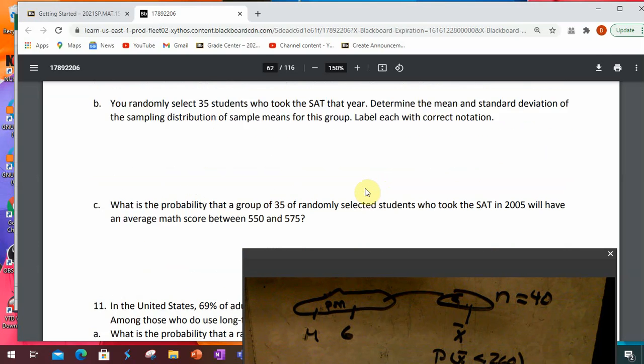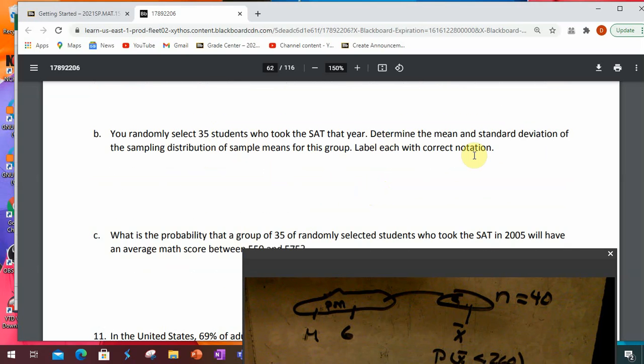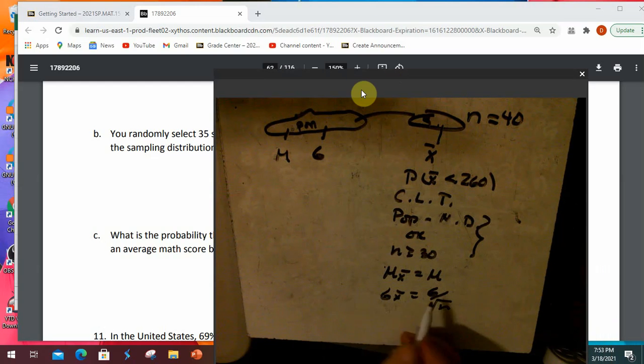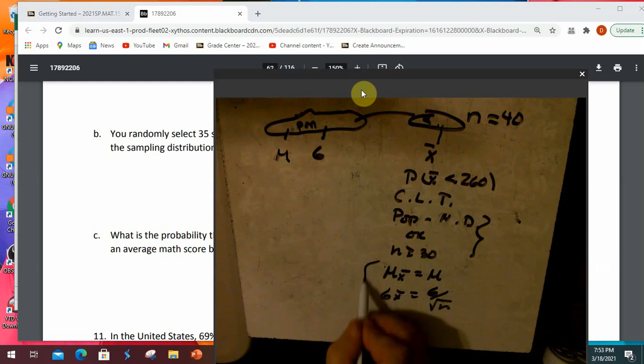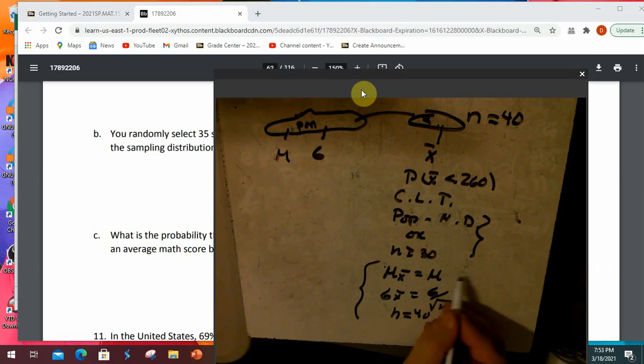You randomly select 35 students who took the SAT that year, determine the mean and standard deviation of the sampling distribution. Okay, so this is what this is called. This whole thing, for a particular size, whatever this size is, I said 40 up there, is the sampling distribution.